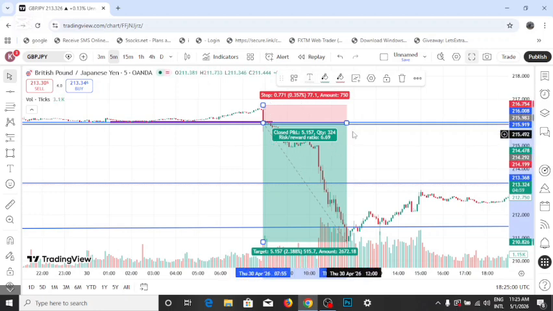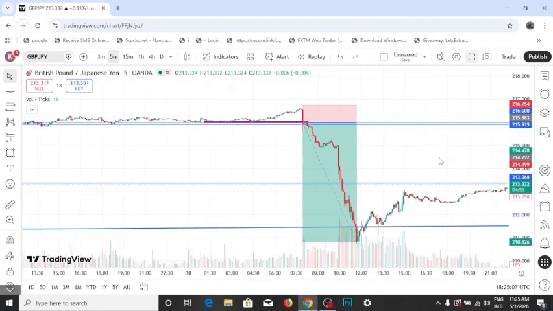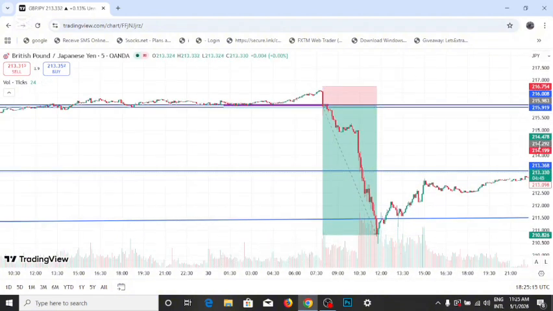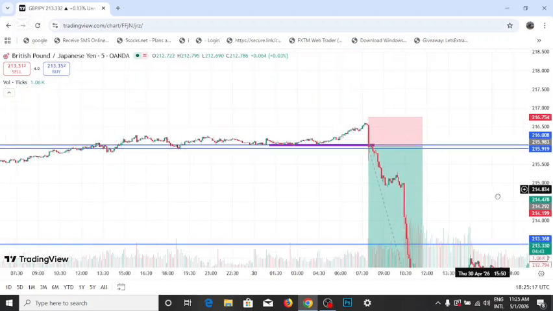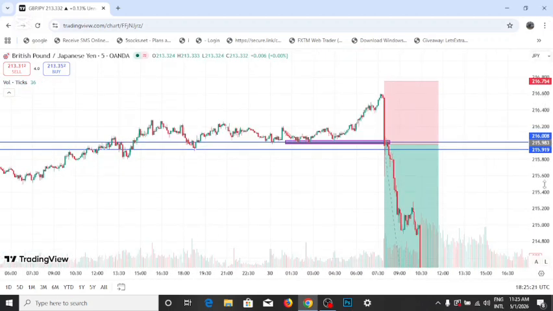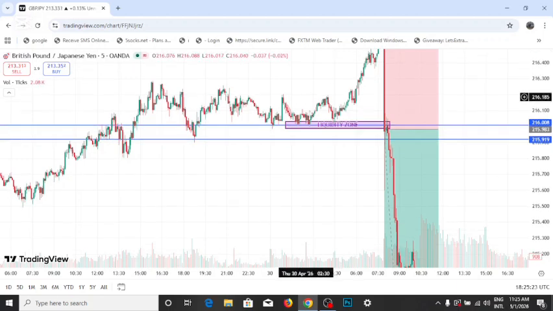And you can see my take profit level. Most likely you won't expect it to hit that level, probably just a little bit, maybe halfway through, but definitely this is how you trade. You need to mark your right entry points and hit your massive take profit. You don't need to trade all the time, you just need trades like this. If you look out for liquidity points like this, it's a very good trading strategy.